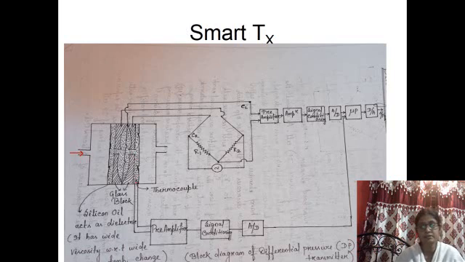itself can be monitored. There is a thermocouple sensor, and that is again transmitted through the preamplifier, signal conditioner, A2D and to the microprocessor. And there must be a data table, that is the variation of temperature versus the fluid condition.